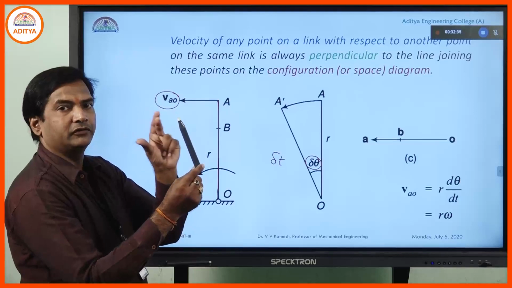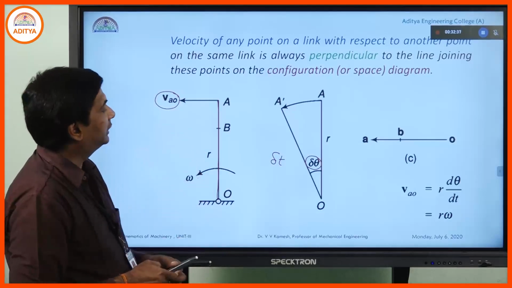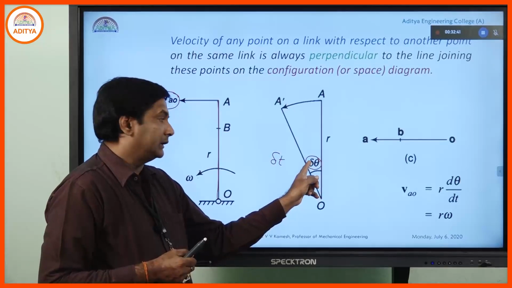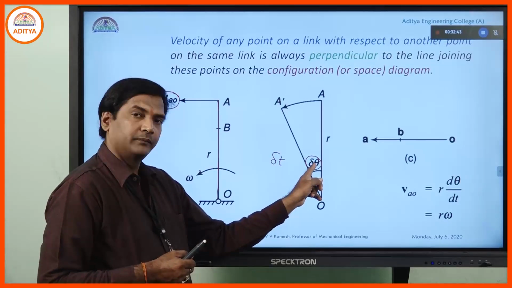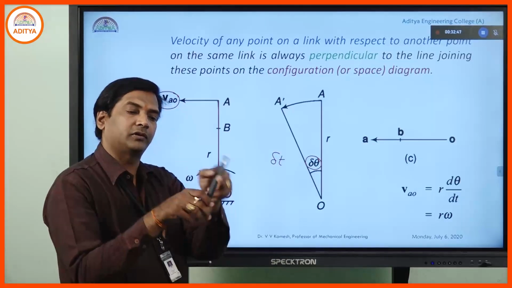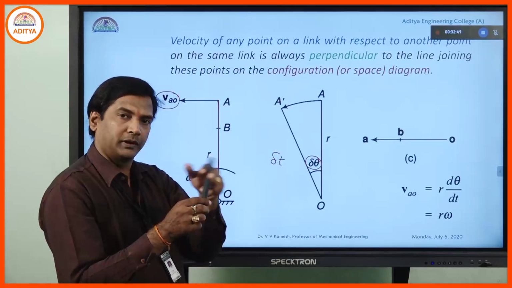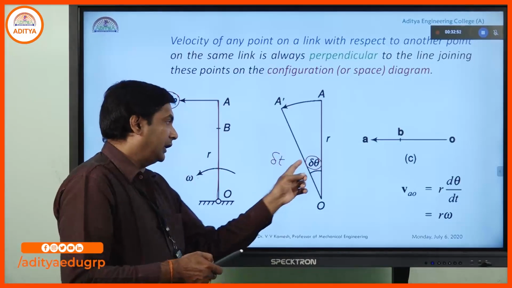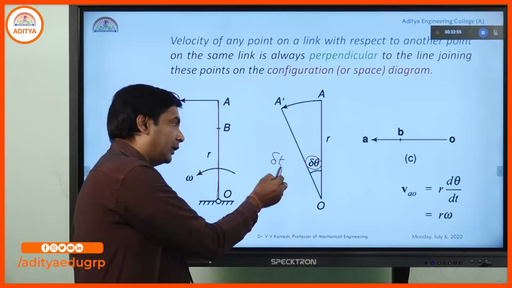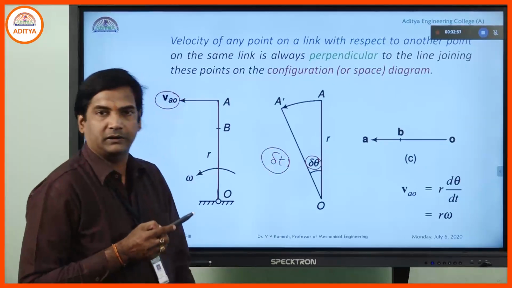In an infinitesimal time delta t, it moves through an infinitesimal angle delta theta. The complete rotation is theta equal to 2 pi, but we are taking a small delta theta in a small time delta t.